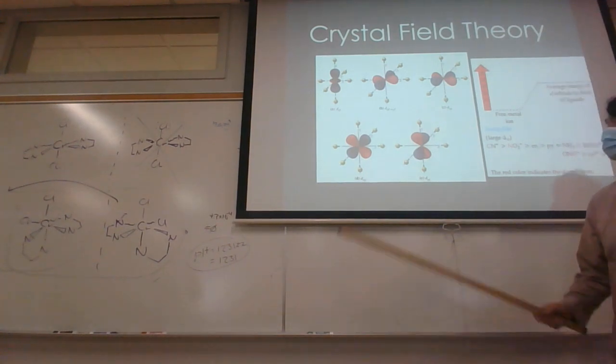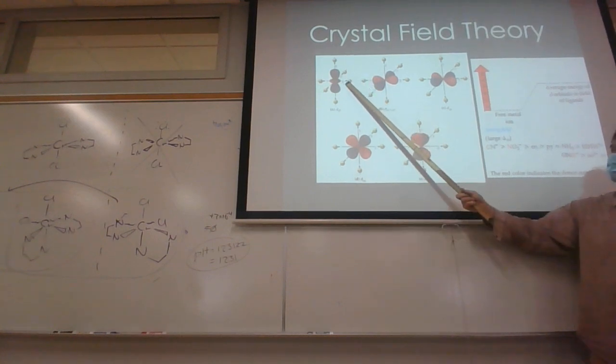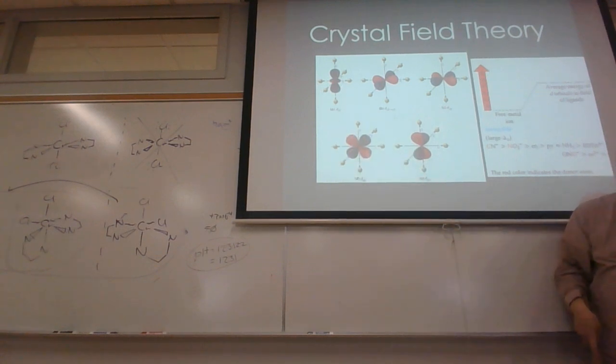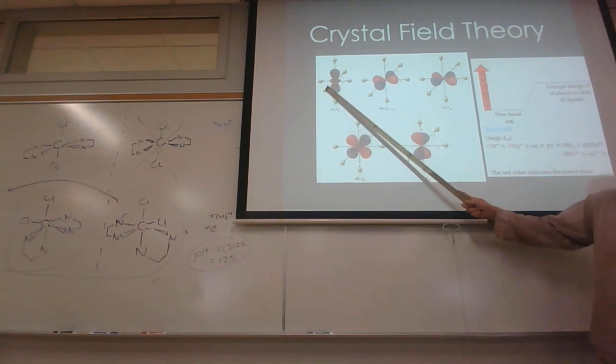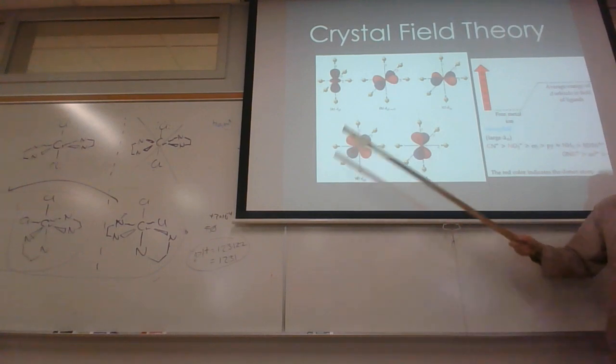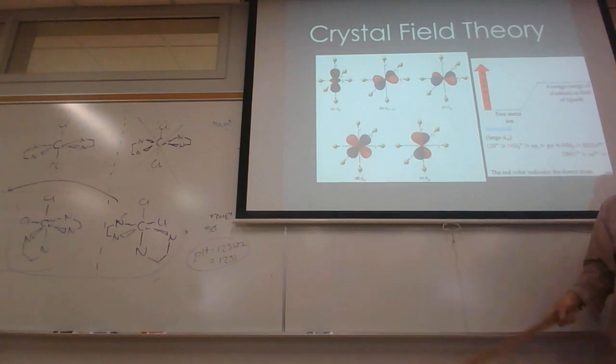And so this is showing an octahedral complex with ligands coming in. Well, the ligands are going to be electron pair donors. Now, if there are electrons sitting in these d orbitals, not participating in the bonding, then we're going to get electron-electron repulsions. The electrons on the ligands are coming in and causing repulsions with the electrons in the orbitals.